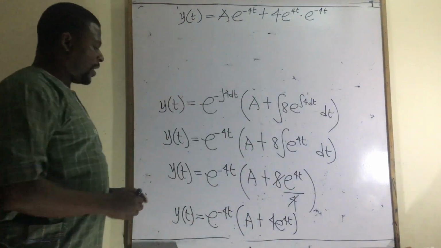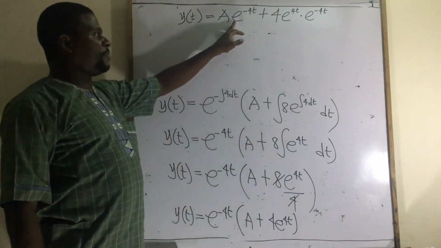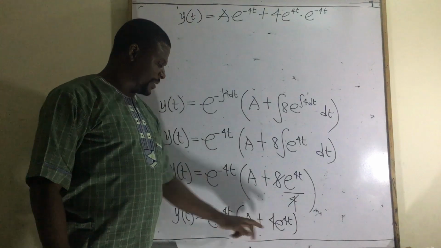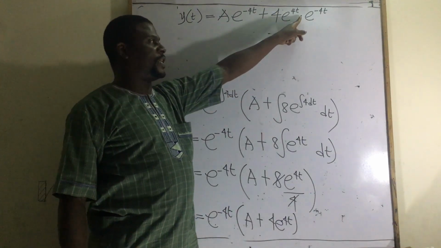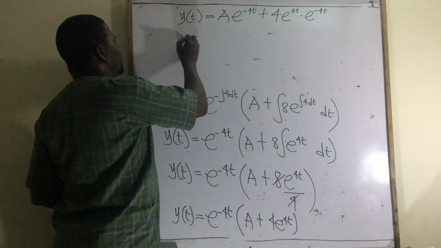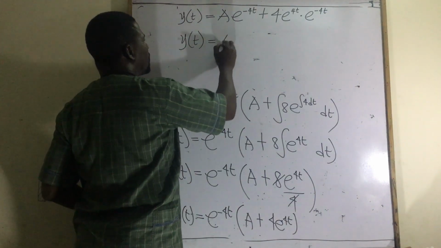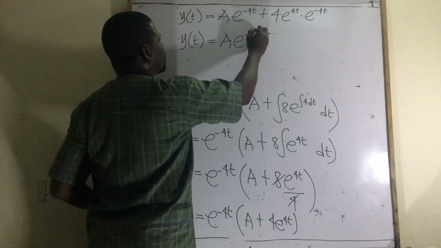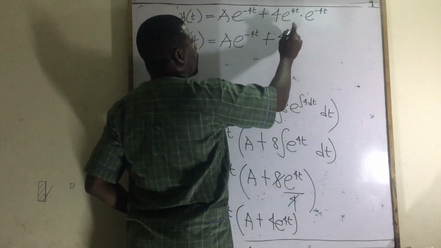You see that? Now this e^-4t is multiplying a. It gave me this. Then this e^-4t times this. I'll just use this to come and multiply it. That's why I have a dot here. Dot means times. So my y(t) can now be a e^-4t plus 4.